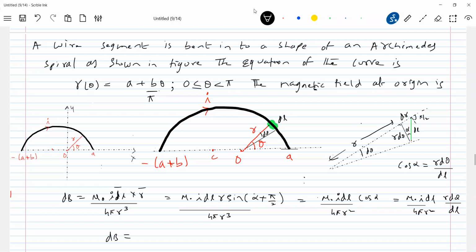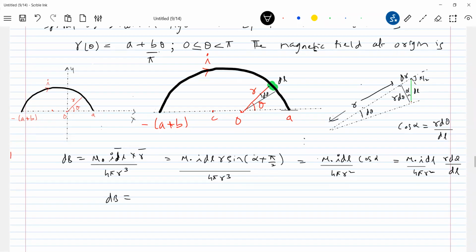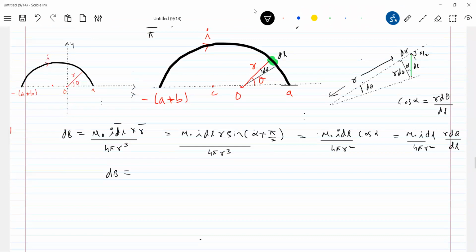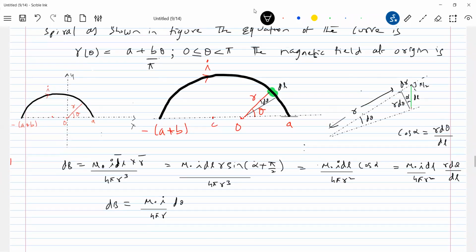So dB is equal to mu naught I by 4 pi r, d theta. So here r is there, no? Better to differentiate this one. dr is equal to b by pi d theta.